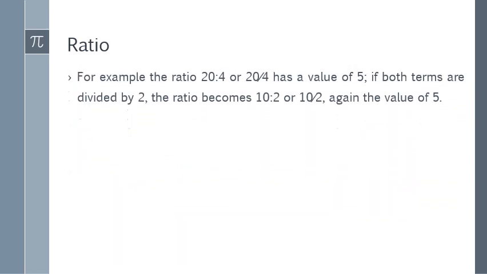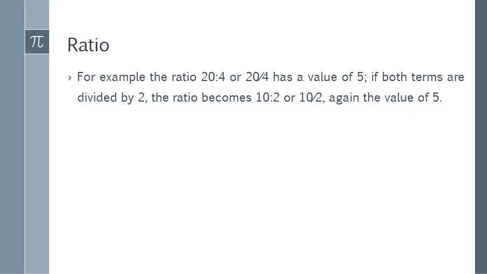We have another example of a ratio over here. For example, we have a ratio of 20 is to 4 that can also be written as 20 upon 4. Now 20 is to 4 or 20 upon 4 has a value of 5. If we divide 20 is to 4 by 2, the resultant value will be 10 is to 2 or 10 upon 2, and the value of 10 upon 2 is again 5.